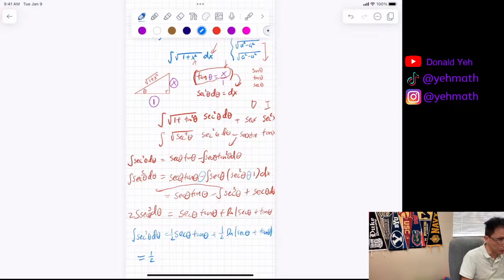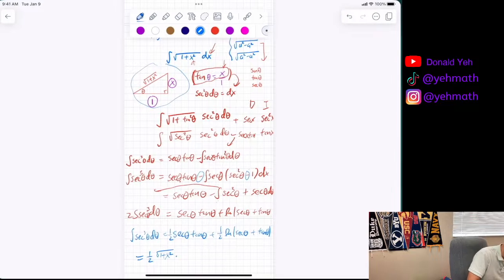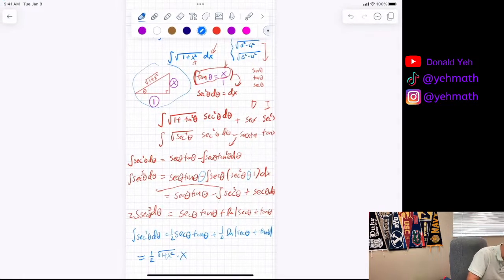Now that's going to be 1/2. What is secant theta? Look at this triangle: secant theta is hypotenuse over adjacent, so it's the square root of 1 plus x squared over 1, times tangent theta, which is x.